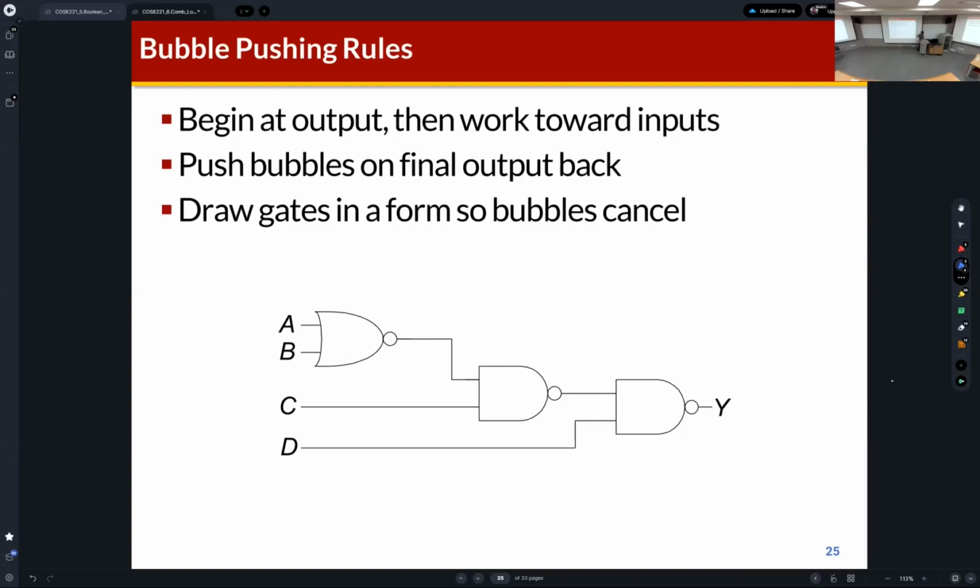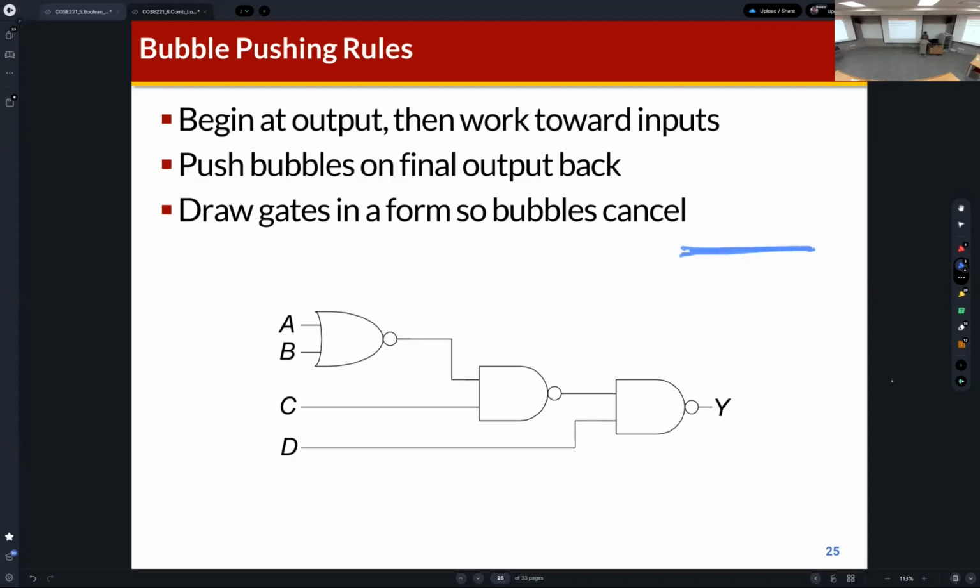So then how can we apply the bubble pushing rules? We can start from the output. When we apply the De Morgan theorem in the Boolean equation, we start from the outside. Right. What does that mean? The outside bar.